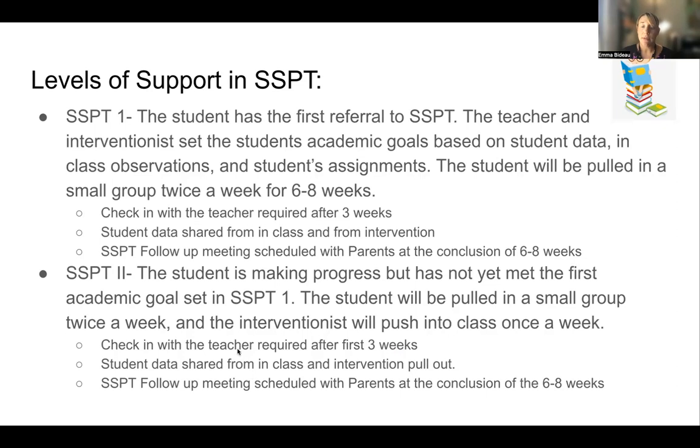We'll do a check-in after the first 3 weeks, see how things are going. We'll share data, and then we'll have another SSPT meeting with parents and counselors at the conclusion of the 6 to 8 weeks to see what we need to do next, if that student's going to exit the SSPT program, or if they need more support.